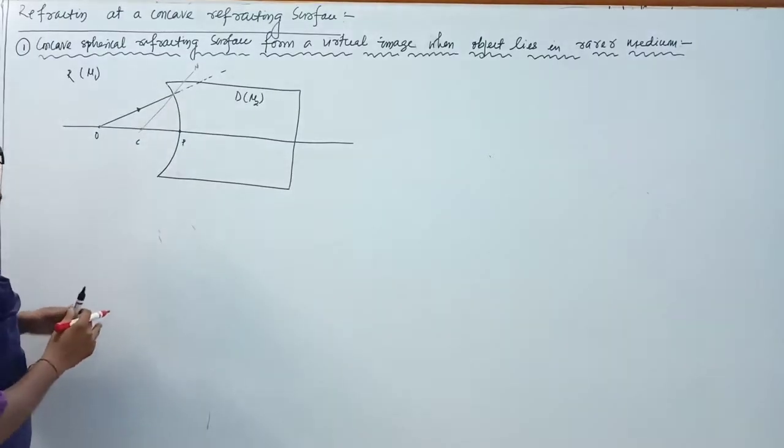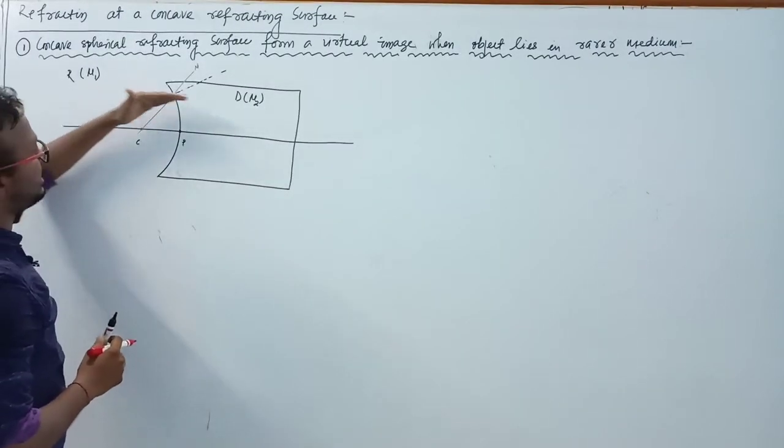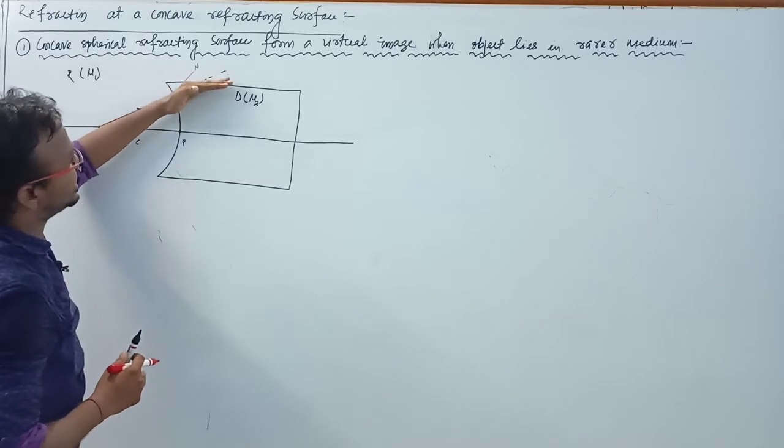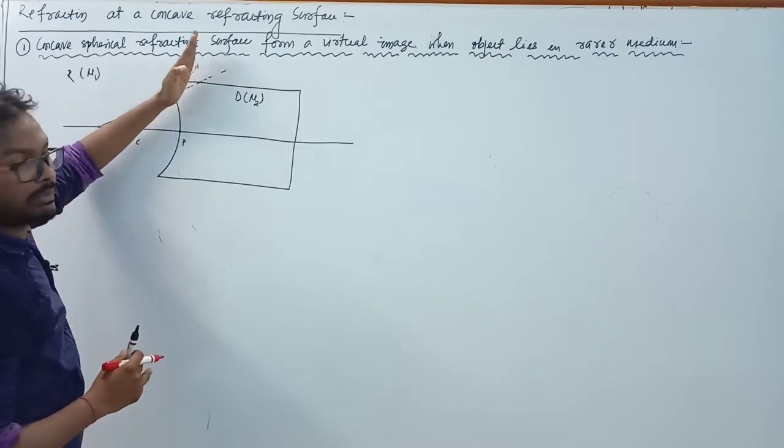When light travels from rarer to denser medium, it changes its direction and bends towards the normal.